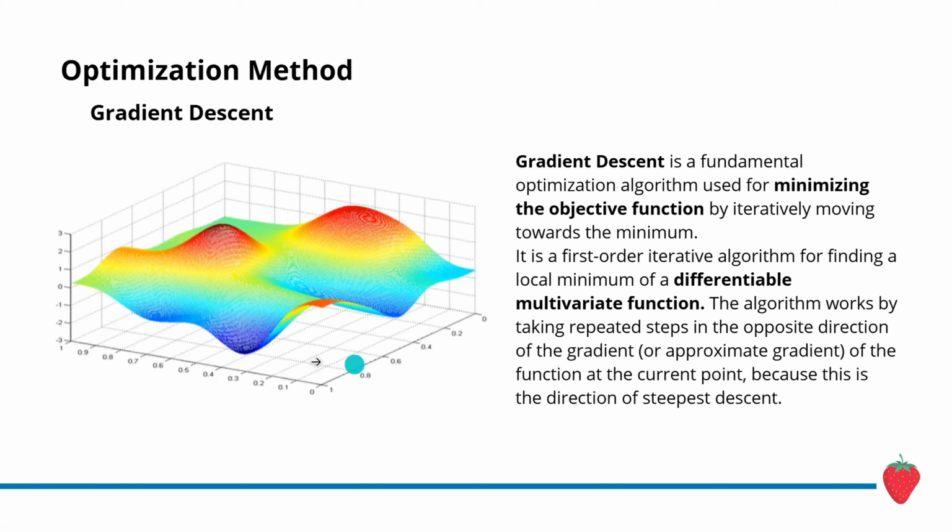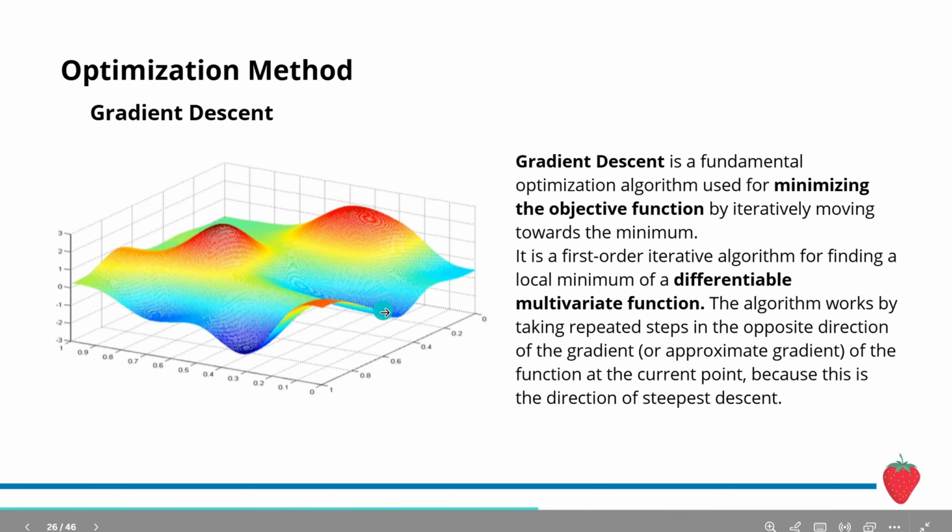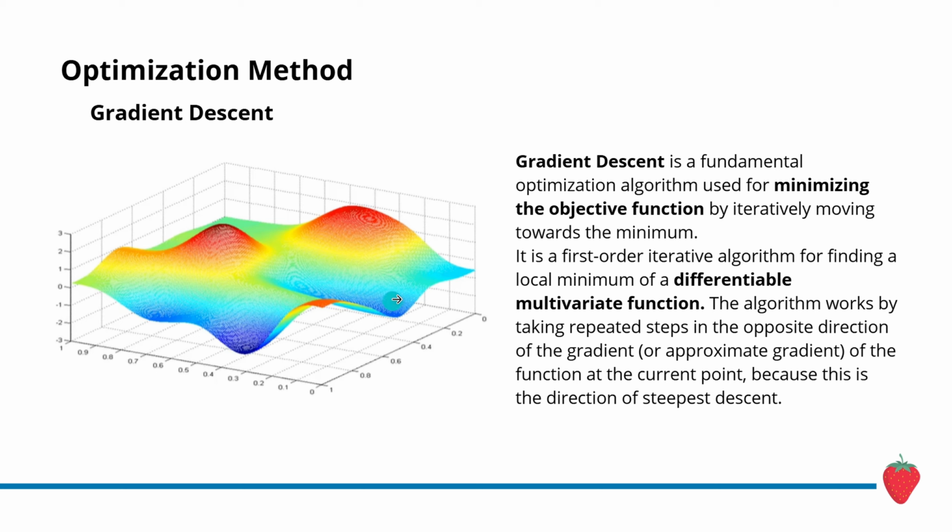So it's all about finding the lowest point possible. It is a first order iterative algorithm for finding a local minimum of a differentiable function. It uses differentiation, and differentiation on a multivariate, not just one, related to the W and the B.